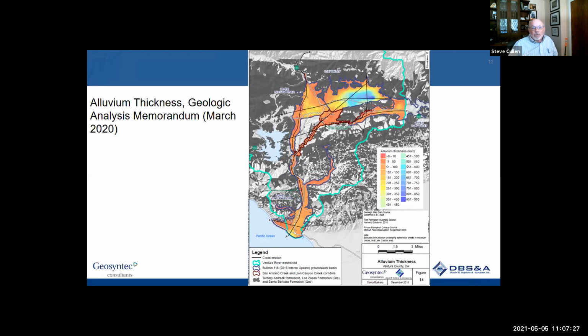Previously developed maps of bottom of alluvium elevation within the Ventura watershed developed by Turner and Stetson Engineers and Dunn were also used to inform the bottom of alluvium elevation. This figure displays the isopach or thickness of the resulting alluvium at the scale of the 330-foot grid cells that are being used in the numerical model.